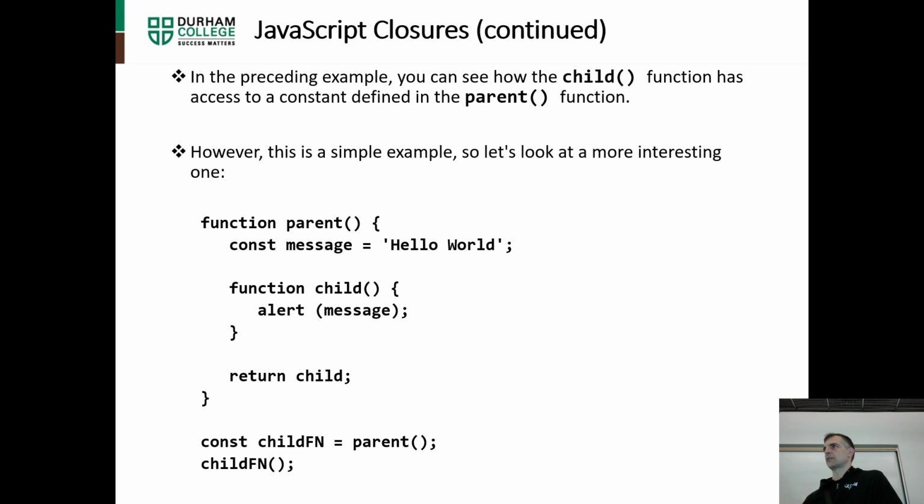I'm getting a reference to the parent function, and I can call it separately like this on the bottom, right? Why would you do that over just calling the parent directly? A lot of times what we want to do is make aliases. Sometimes functions are very long or whatever. Or we want to use a function as a callback, just like we did before. Remember we did that thing with Ajax, where I passed a function as a parameter, right? So it's the same thing here. They're just showing that it can be done.